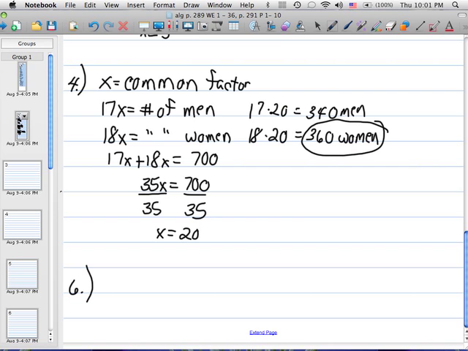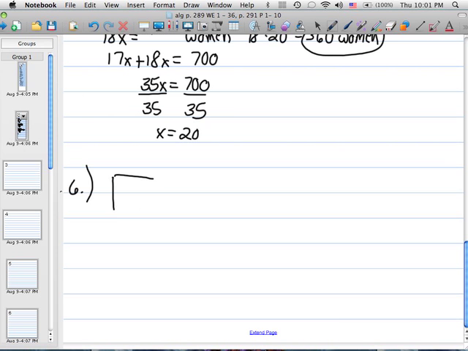Problem number 6. The perimeter of a rectangle is 68 feet. Find the dimensions of the rectangle if the ratio of the length to the width is 9 to 8. Half the perimeter would be 34, and 9 plus 8 does not equal 34.